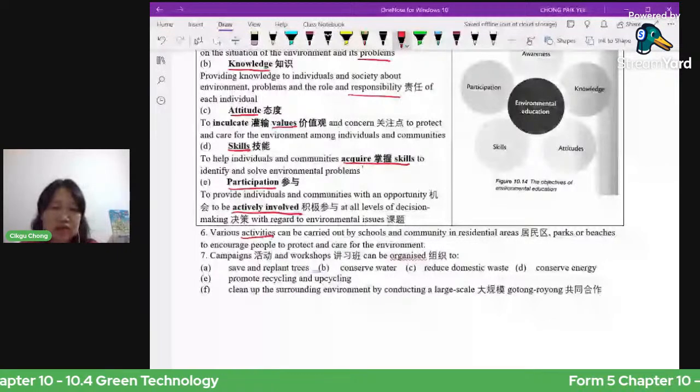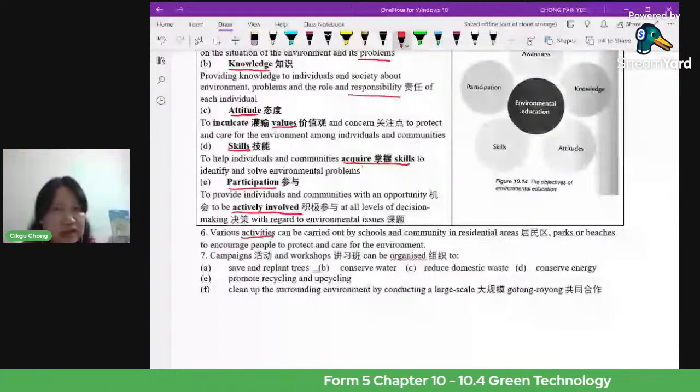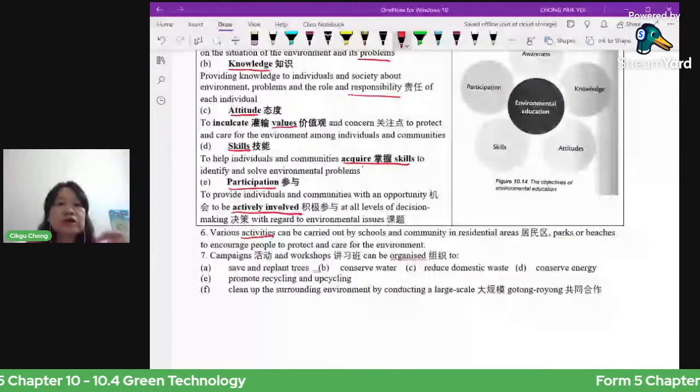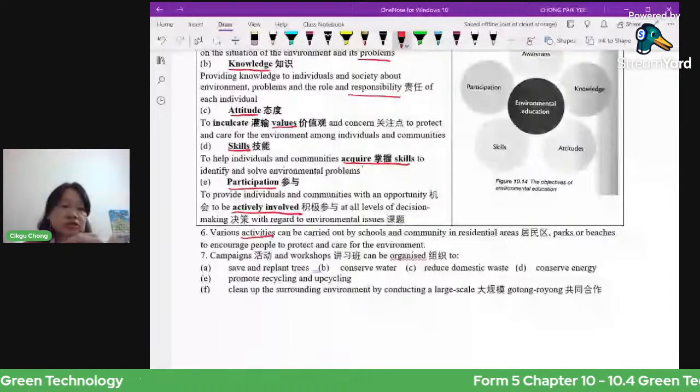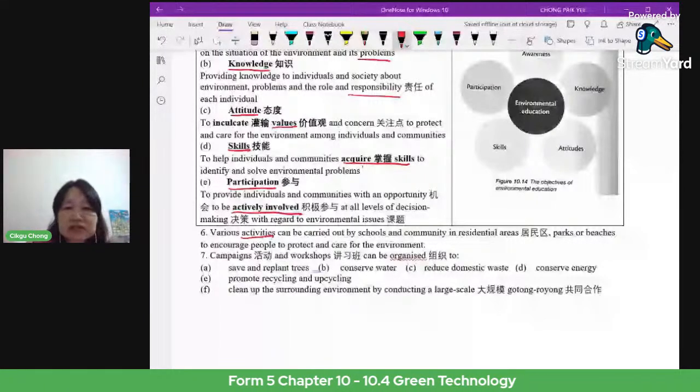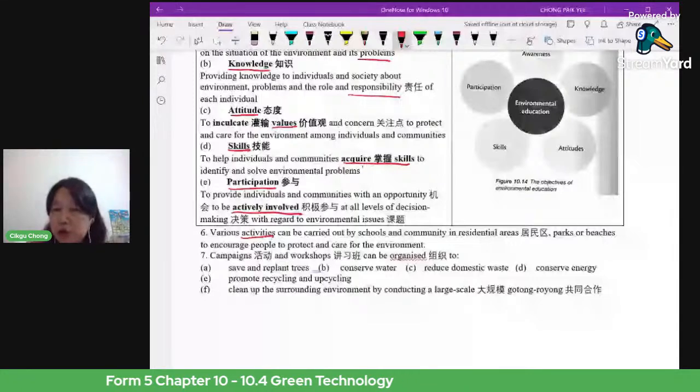Promote recycling, upcycling. What do I mean? You are repurposing it. This thing is no longer doing what it's supposed to do, so you make it do another job. Clean the surrounding environment by conducting gotong royong. Let me give you an example of upcycling: clothing.